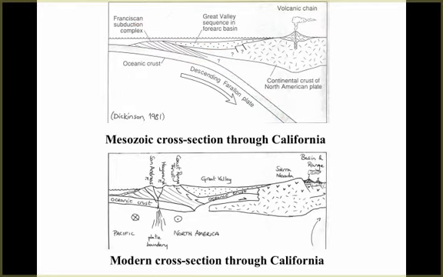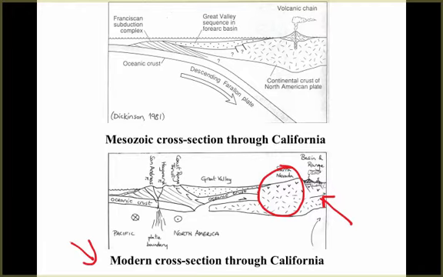Compare that to the modern cross-section that looks like this, where we have exposed granites in the Sierra Nevada, where those rocks were uplifted and the material on top was eroded off. Those were in part uplifted along normal faults that are bounding the ranges in the Basin and Range, that crustal rift zone.